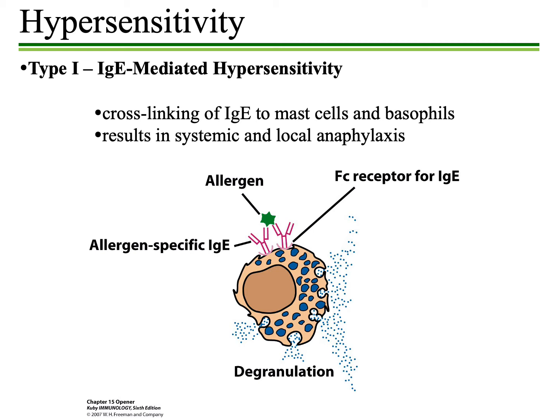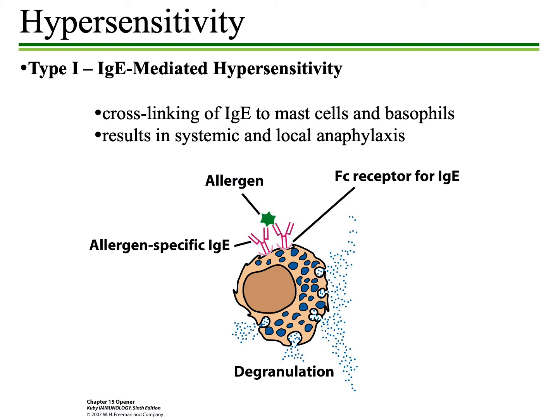What happens is the allergen binds to IgE antibodies that are specific for that particular allergen, and this eventually results in what's known as degranulation of mast cells. So let's take a step back and review the IgE class of antibodies.